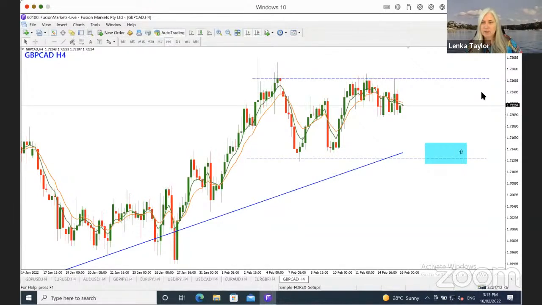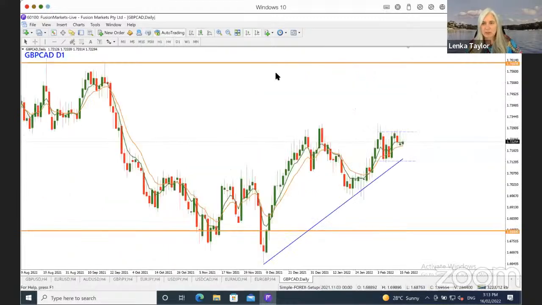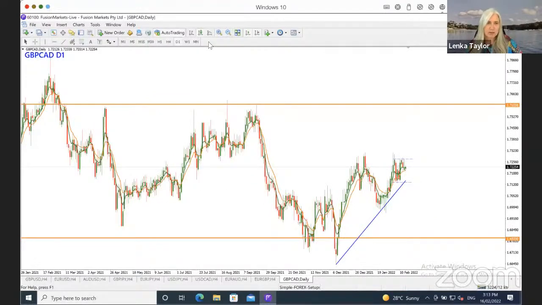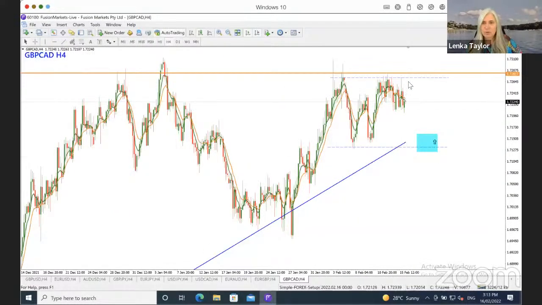GBP CAD, H4, could you also short at the top? Let me see for a short. Yes, you could short. Yeah, definitely could short, if you wanted to, if the price was high enough.